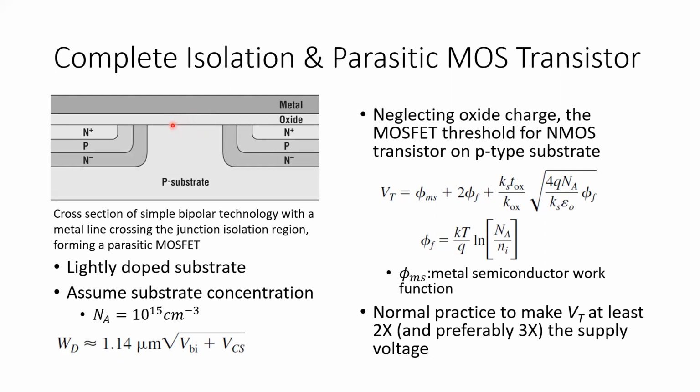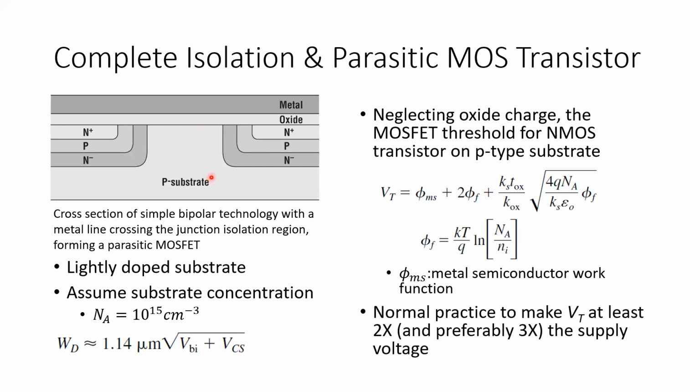If we apply a certain voltage, there will be a current flow, and this transistor will be on. So we need to increase the threshold voltage of this parasitic MOSFET so that there will be no current flow between these two devices.